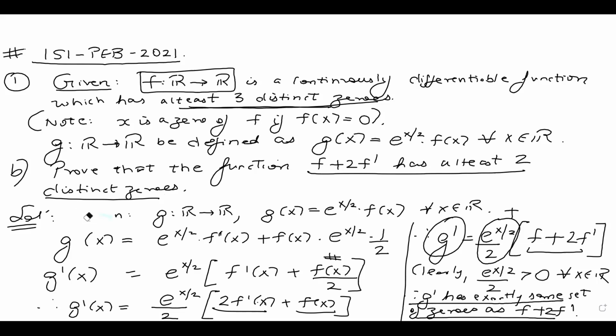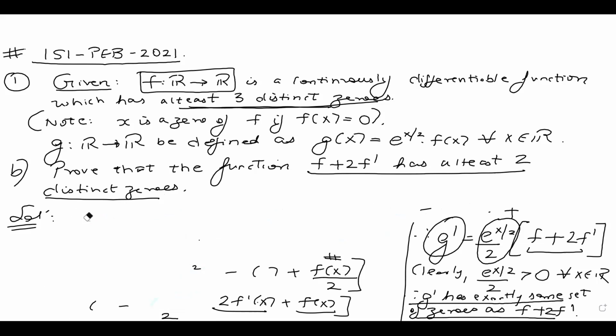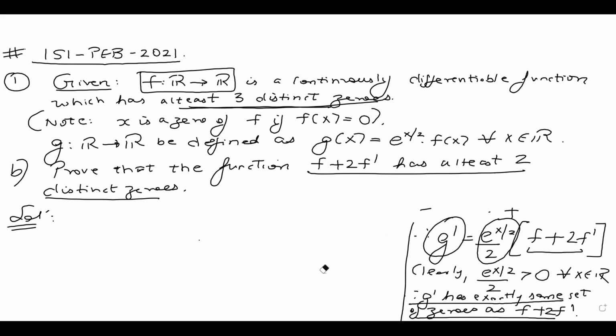So if I erase this part off, I hope all students have written down till here. Okay, so erasing this part off, I can write that from part A, we proved that g has three distinct zeros.